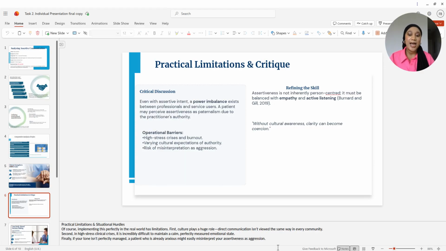Second, in a high-stress clinical crisis, it is incredibly difficult to maintain a calm, perfectly measured emotional state. Finally, if your tone isn't perfectly managed, a patient who is already anxious might easily misinterpret your assertiveness as aggression.